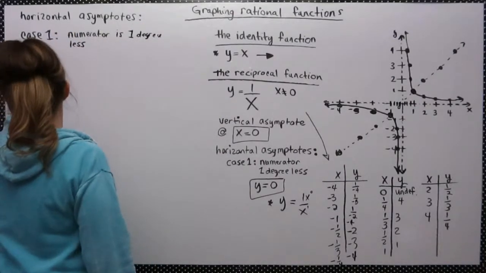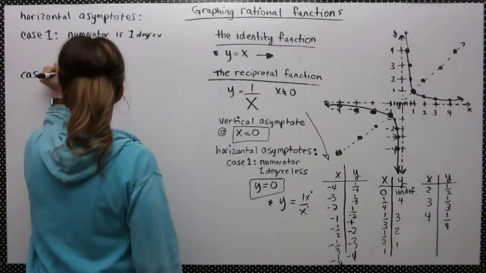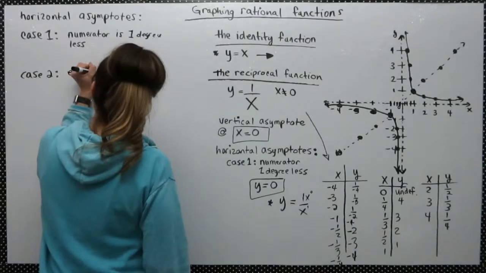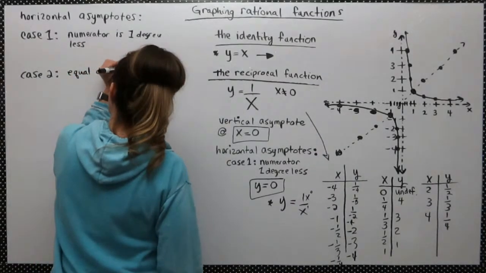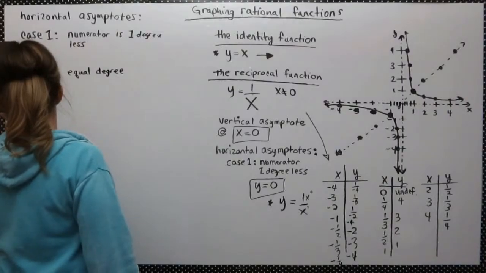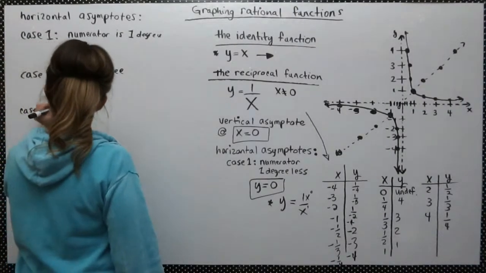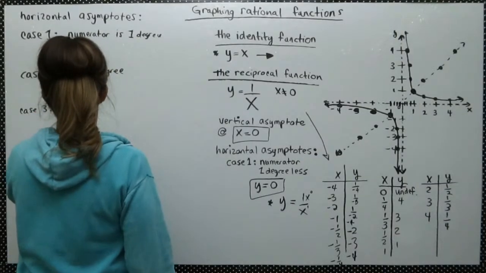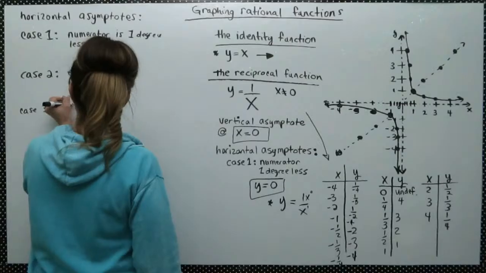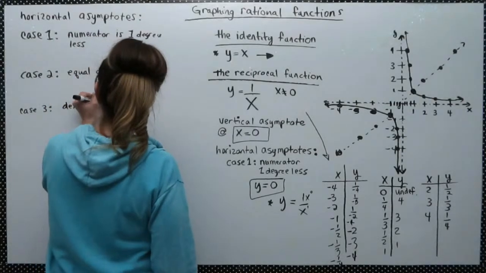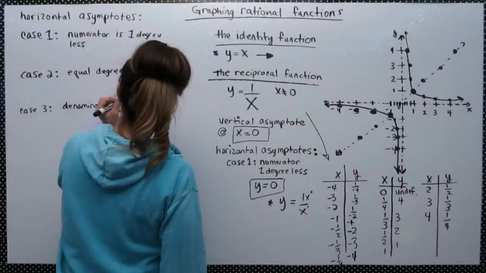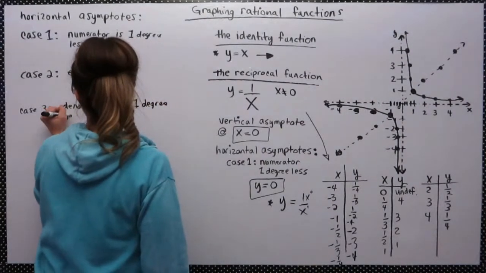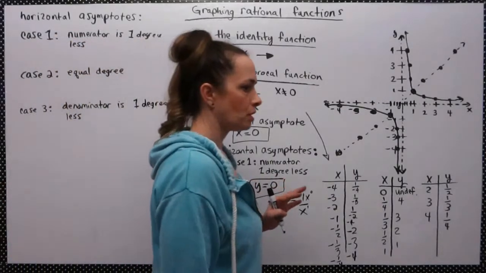Case 2, they're equal degree. And then case 3 would be your obliques. The denominator would be 1 degree less than the numerator.